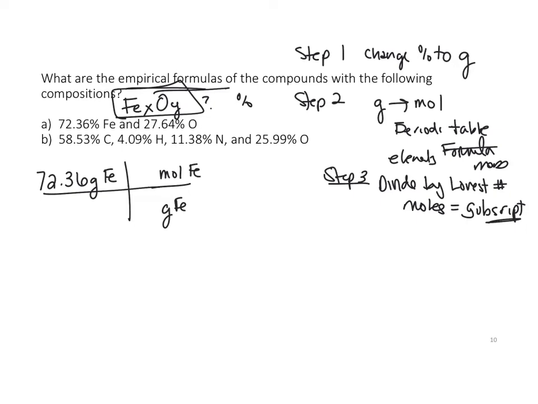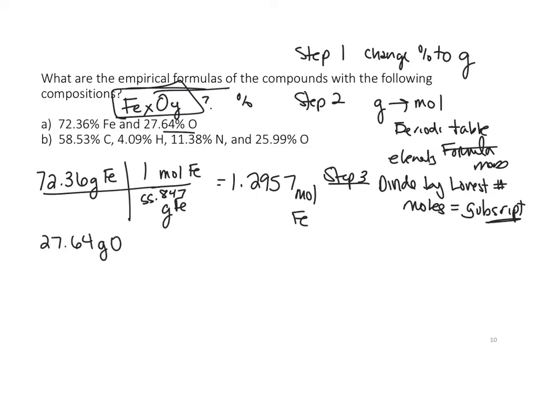And I do this by looking at the periodic table, and I look for iron, and I see 55.847 grams for 1 mole. And so I do 72.36 divided by 55.847, and that's 1.2957 mole of iron.